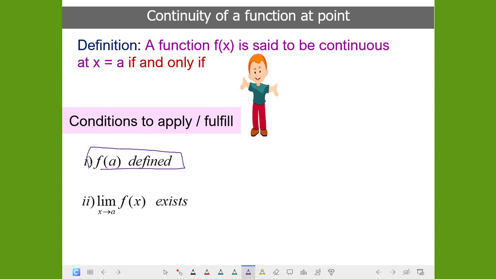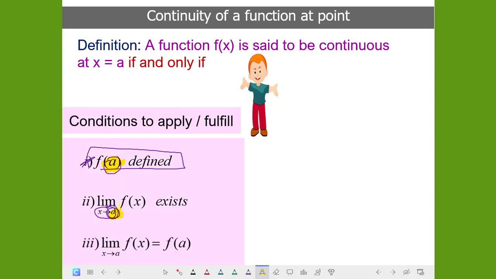This is very important. First step, check that f(a) is defined. Second step, the limit of f(x) exists when x approaches a. Here is also a, the same point. And the third is that number 1 is equal to number 2.